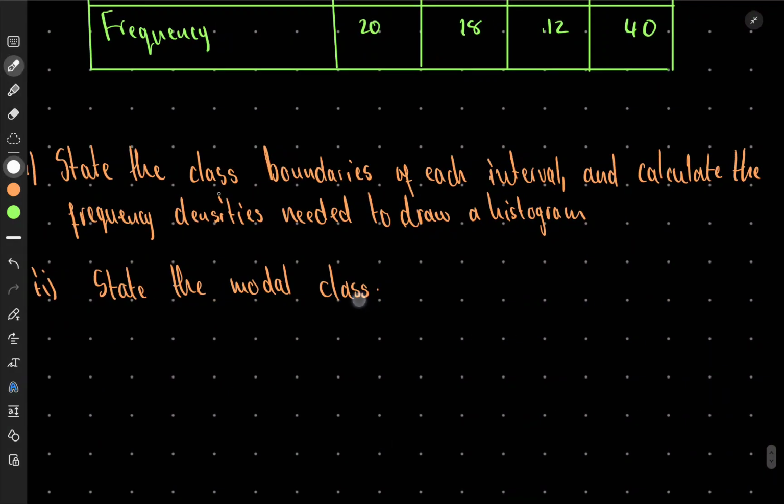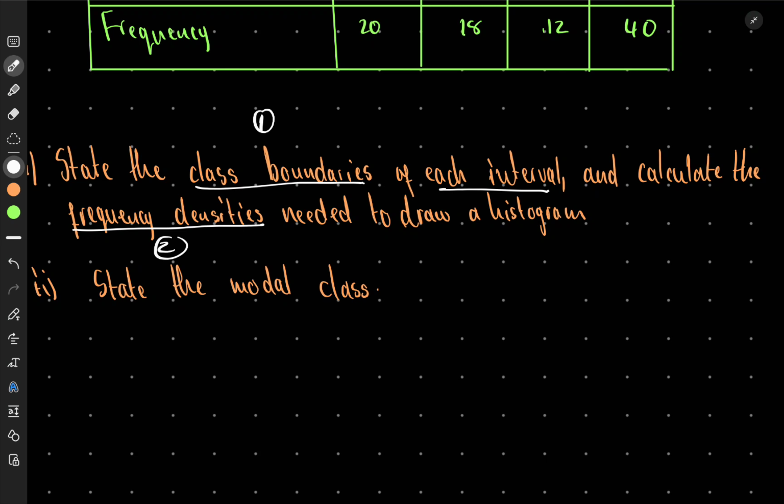Here it's saying state the class boundaries of each interval and calculate frequency densities. So what is the first one? Class boundaries of each interval, and then calculate frequency densities. The first thing to know is that class boundary and interval are related: the boundaries are the ends of the interval.